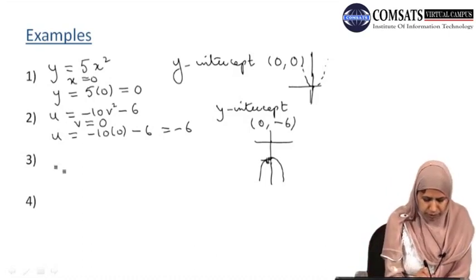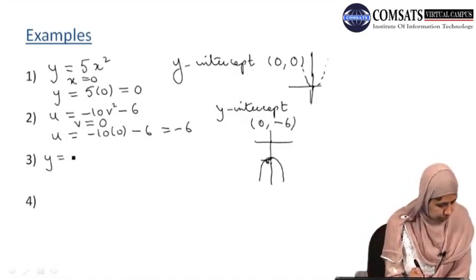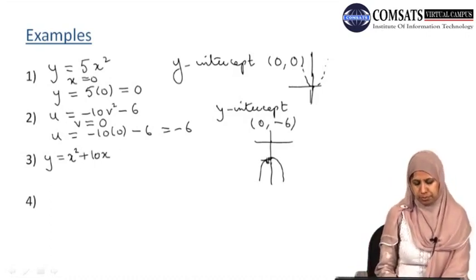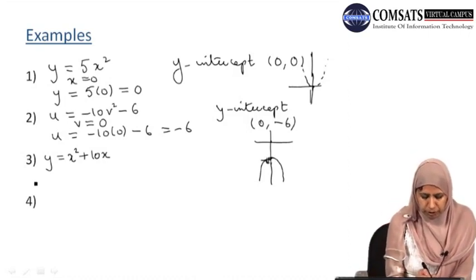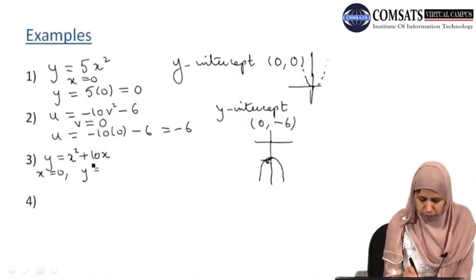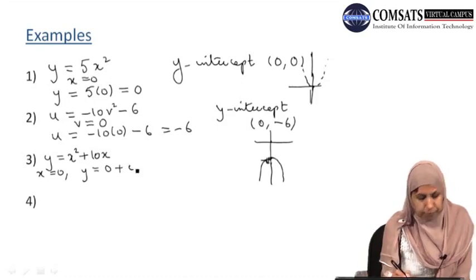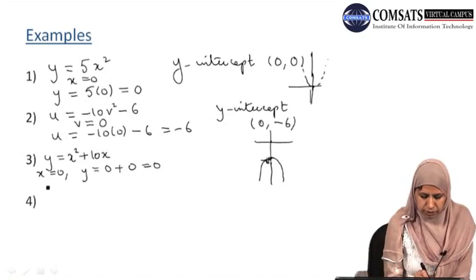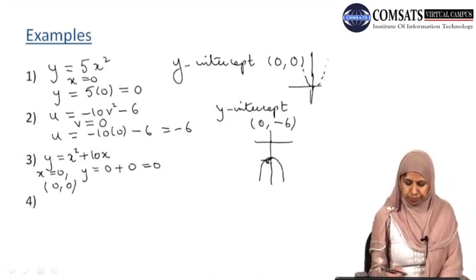Our fourth example, y is equals to x square plus 10x. Now by putting x is equals to 0, we obtain y is equals to 0 plus 0, which is 0. So in this case our y-intercept is also the origin.